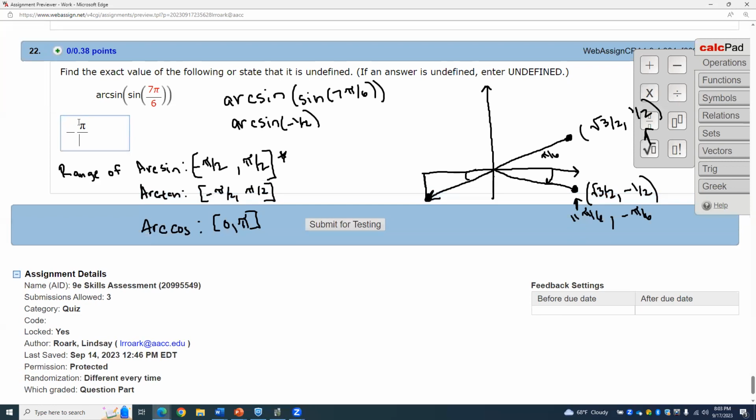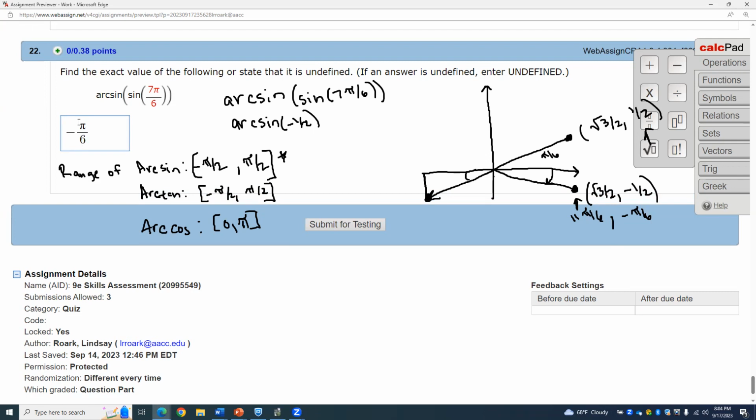However, some people might have been able to figure it out a little bit quicker. Arcsine and sine do essentially cancel out. However, we just have to make sure that that value has the same reference angle and it's in the right location. So 7 pi over 6, you might think, okay, that's pi over 6 and it's negative.